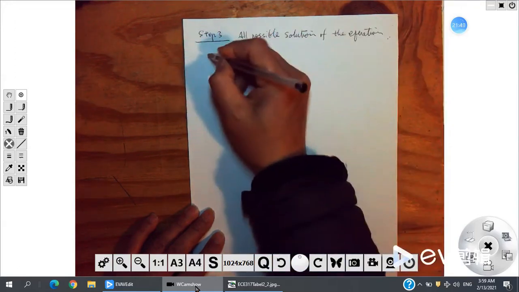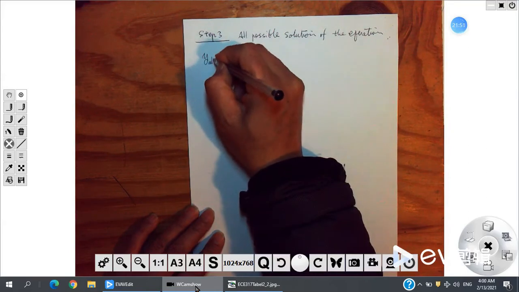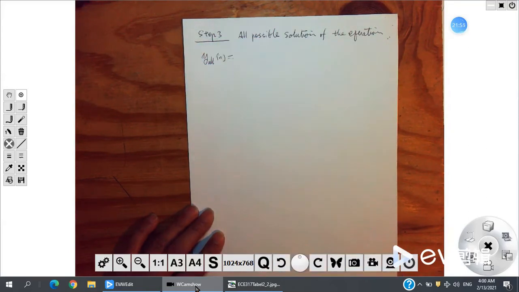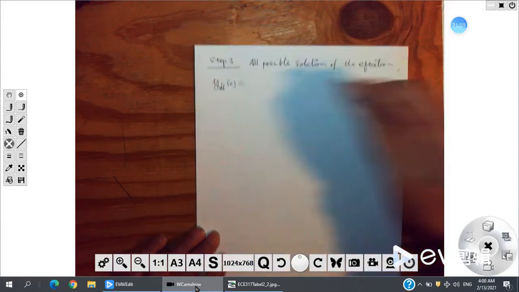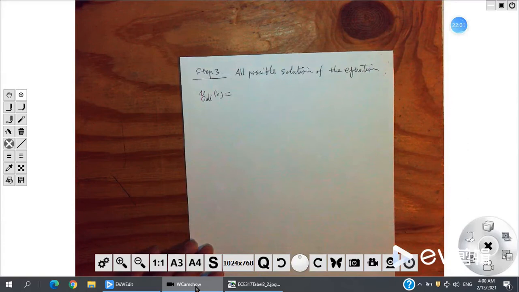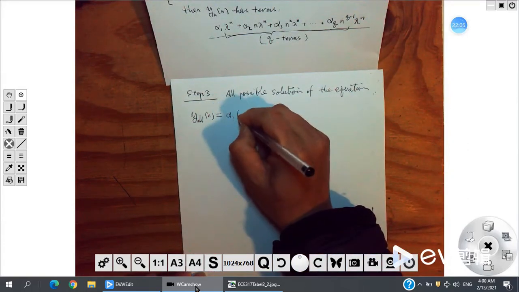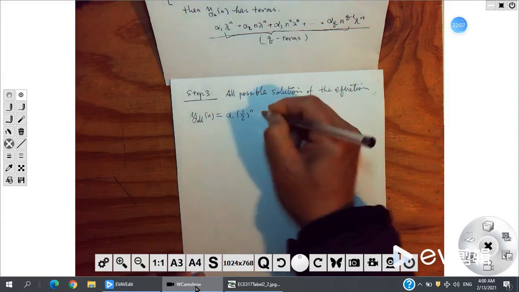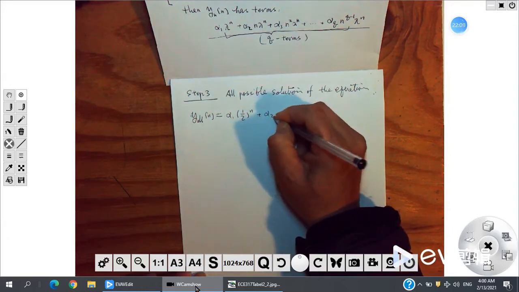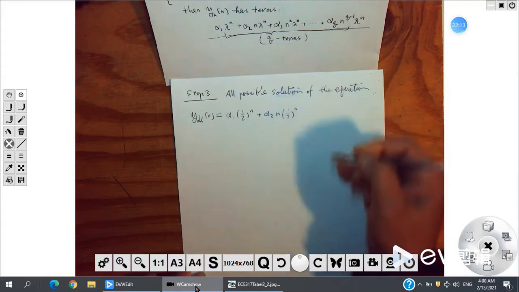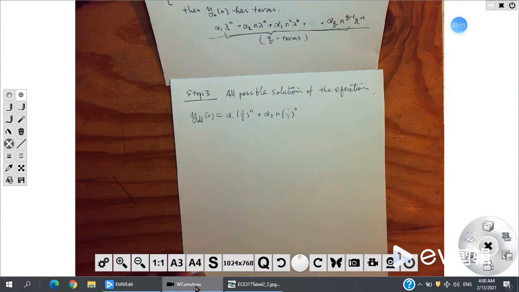There will be y of n equal to a homogeneous solution plus a particular solution. I put homogeneous in front. Homogeneous solution, that is alpha 1 times 1/2 to the n plus alpha 2 n times 1/2 to the n, and then the particular solution.